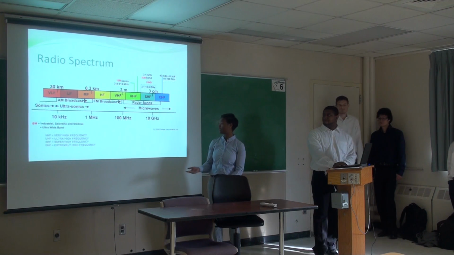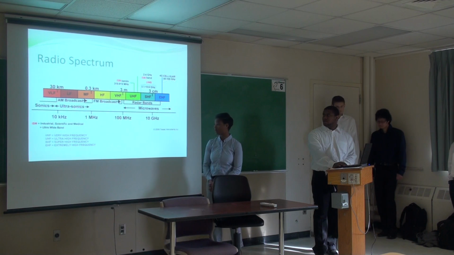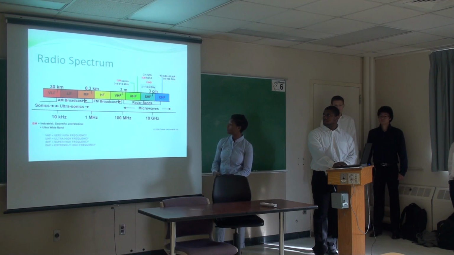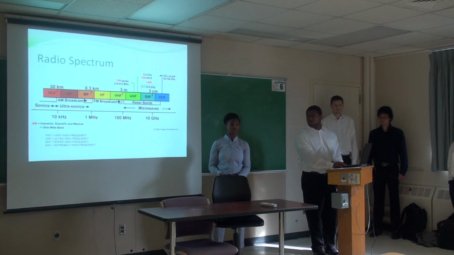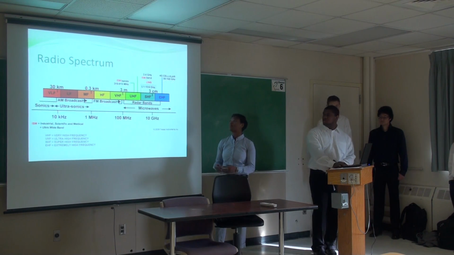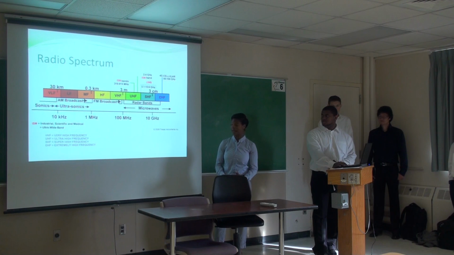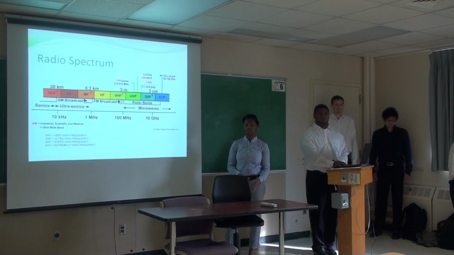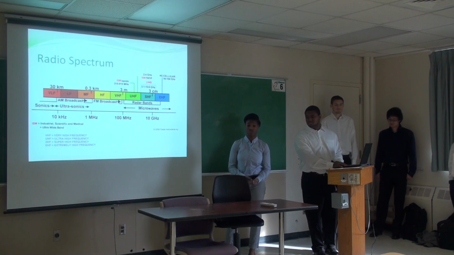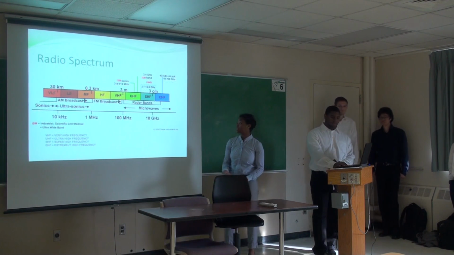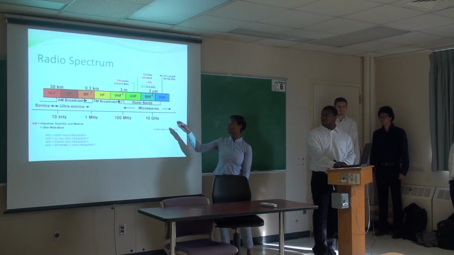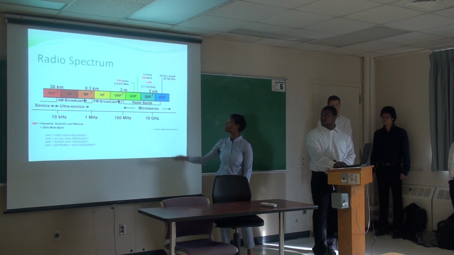More specifically, we will be operating in the ultra high frequency range, and even more specifically on the ISM band, which is a band allocated by the FCC for industrial, scientific, and medical usage. These are center frequencies listed here, in the 315 to 915 megahertz range.